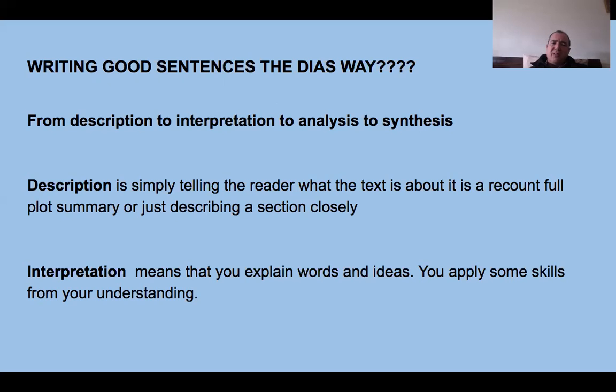Description is simply telling the reader what the text is about. It is a recount, full of a plot summary or just describing a section closely. Interpretation means that you explain words and ideas. You apply some skills from your understanding.